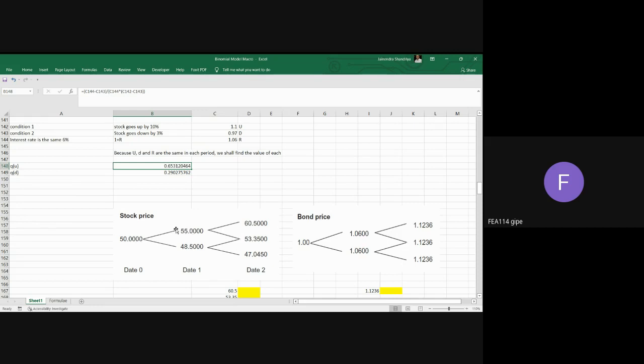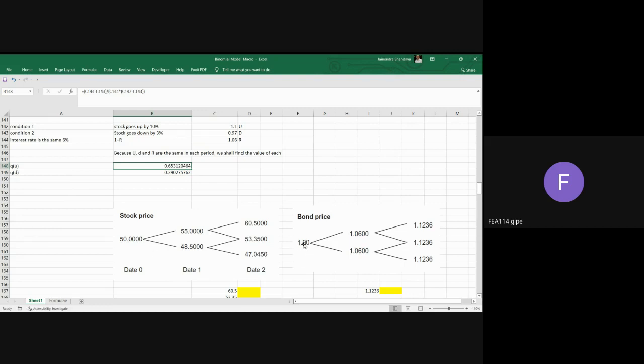So when the stock goes up, it becomes 55, and if it goes further up, it becomes 60.5. If it goes up and goes down, it becomes 53.35. If it goes down and goes up, it becomes 53.35. If it goes down and further down, it becomes 47.045.